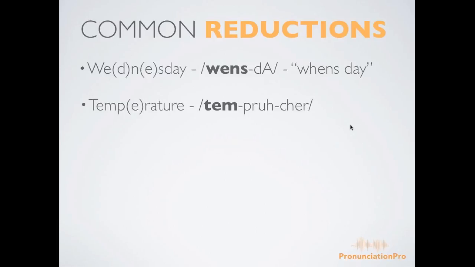And here I've bolded the stressed syllable. So both of these words are first syllable stress. I want you to be trying this along with me. Another example, restaurant. First syllable stress on that.